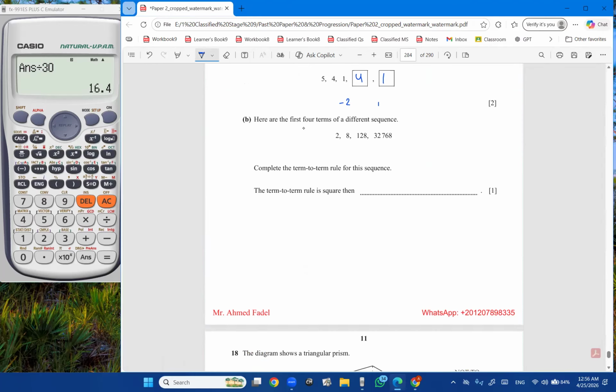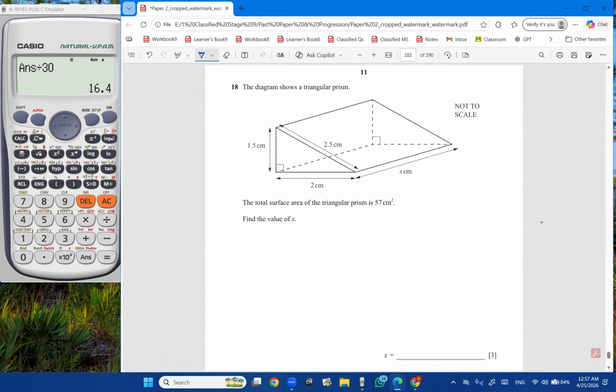Then you multiply it by 2, and it gives you 128. I don't need to square the 128 and then multiply by 2 to see if it will give me 32,768 or not. All I need to do is just right here, then multiply by 2.